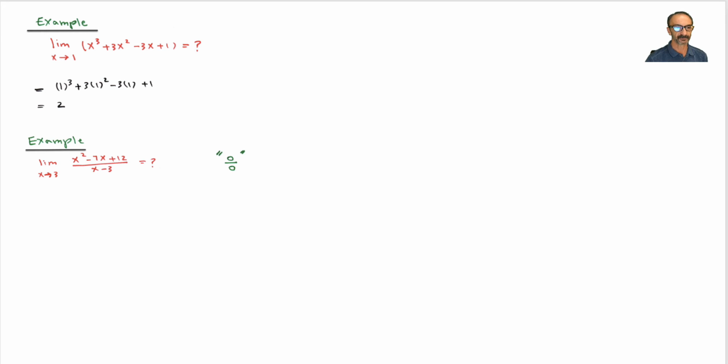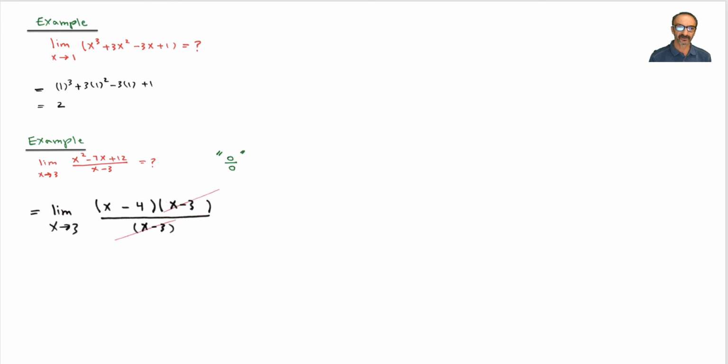Let's take another example. Here we have a problem. Limit of x squared minus 7x plus 12 over x minus 3, as x approaches 3. If you try to plug in the 3, you will get a form of 0 over 0, which is undefined. So we have to approach it differently. Here we go.